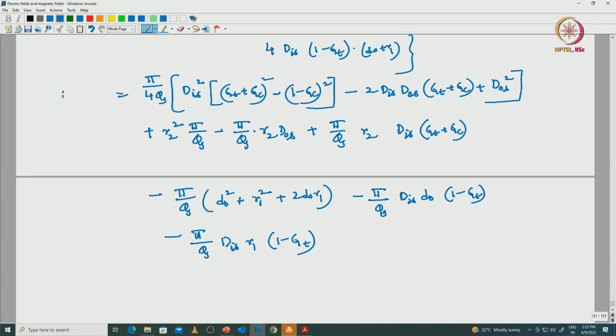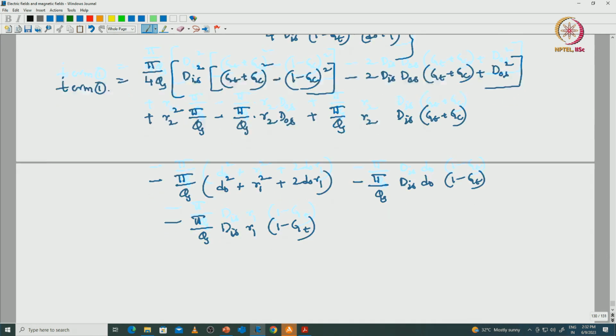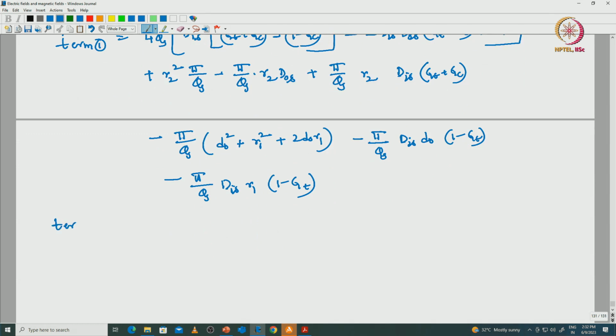So, final equation of term 1 with respect to all terms we can see here, and then term 2 is with respect to the slot dimensions, that is W1 into R1 minus (2 minus pi by 2) into R1 square plus W2 into R2 minus (2 minus pi by 2) into R2 square.